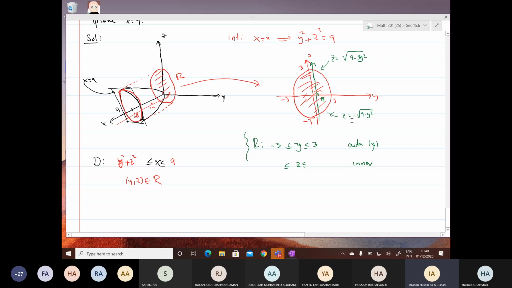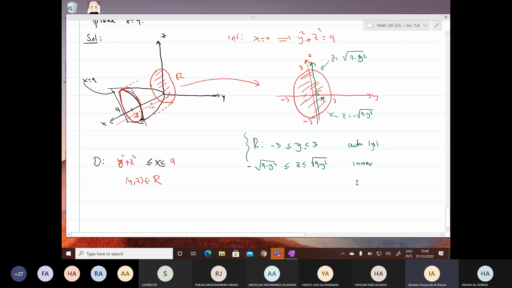The lower is the negative root, the upper curve is the positive root. This is the rectangular description.